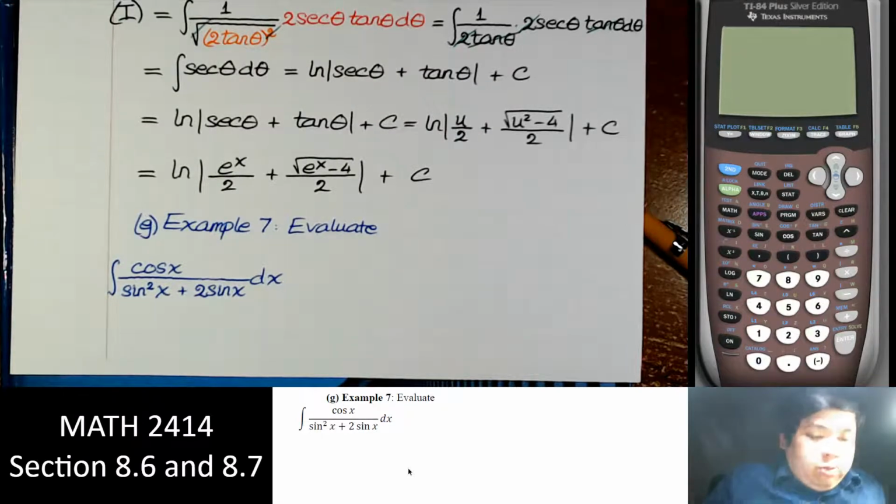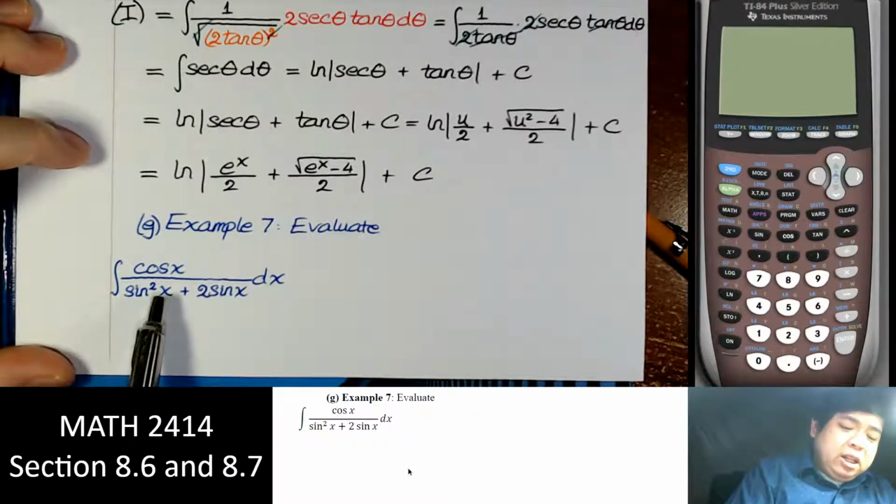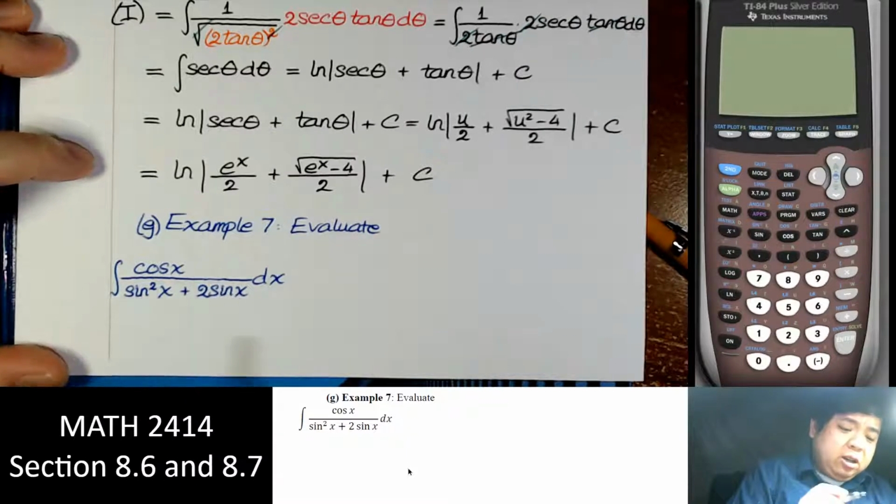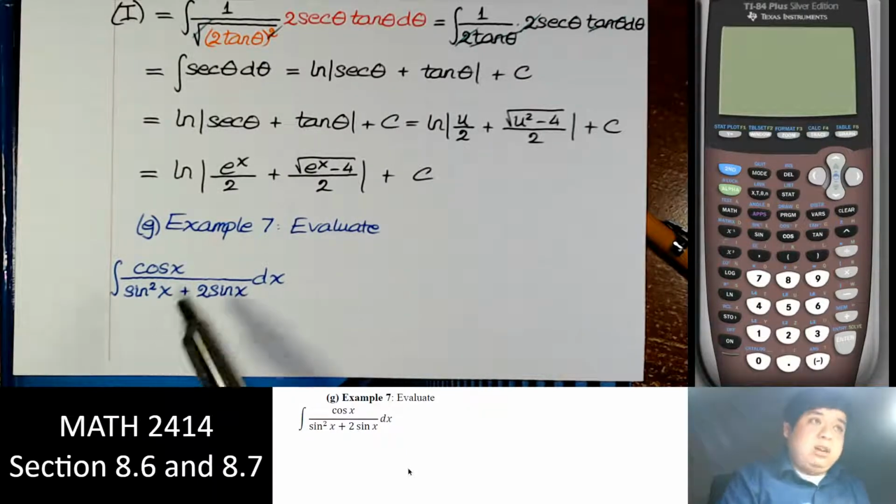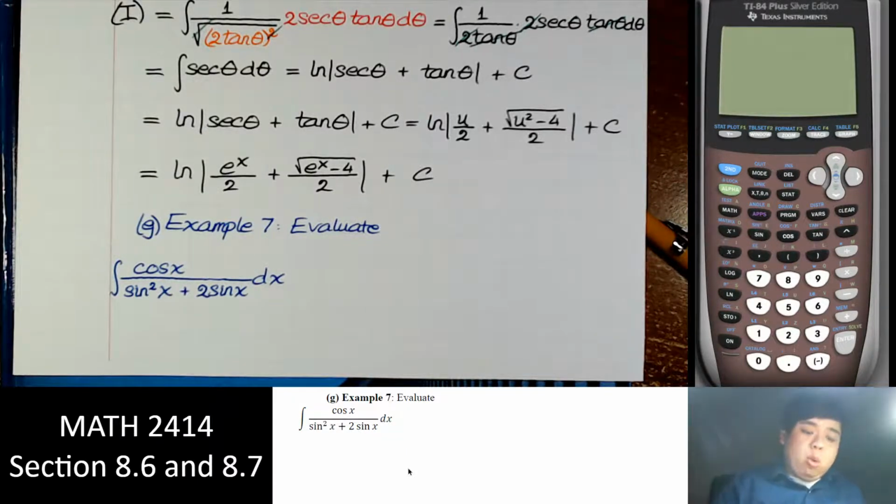Right, so this problem could be long, but I just want you to get the idea, and then we don't have to finish this problem. For this, obviously, we have sine and then cosine. We can factor out the sine, but that's not the point.